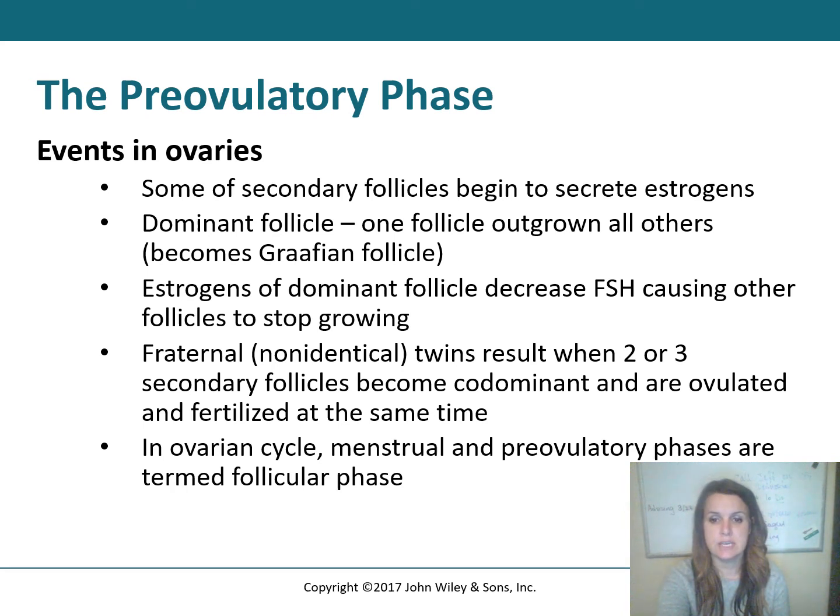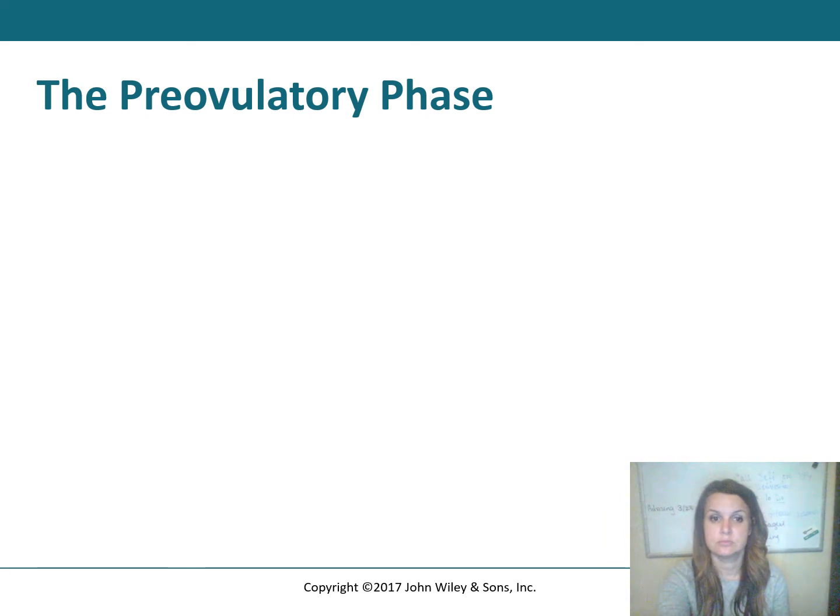What's interesting is that in fraternal or non-identical twins, actually more than one mature follicle is ovulated and fertilized at the same time. However, normally it's just one follicle that becomes dominant and is ovulated. In the ovarian cycle, the menstrual and pre-ovulatory phases together are termed the follicular phase.